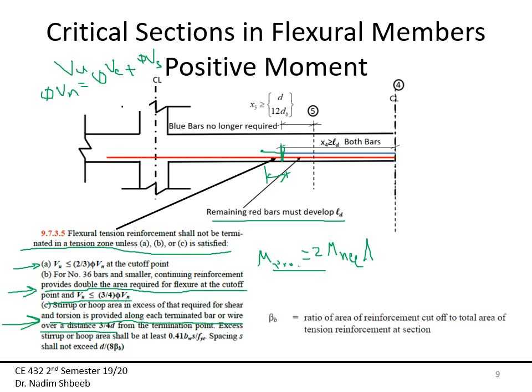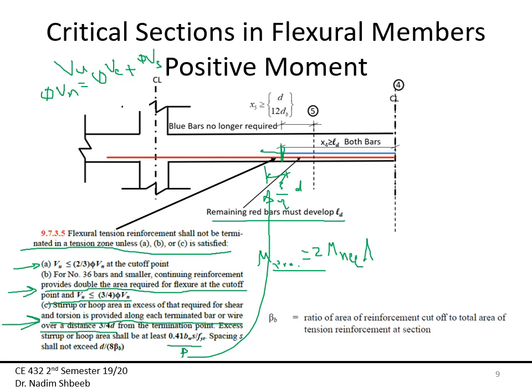That distance is about 3/4 of d, and that spacing shall be at least 0.41 b web over fyt, and if you remember, this is one of the maximum spacings that we have during shear. So this is the spacing that we have to provide over this distance right there.